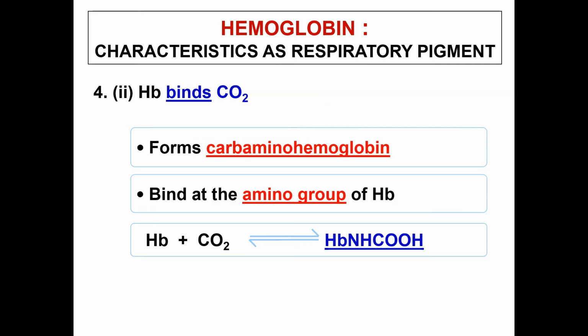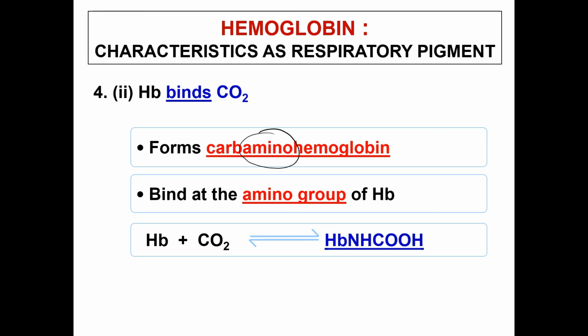The fourth characteristic is hemoglobin able to bind with carbon dioxide. Okay, kalau oksigen bind kepada hemoglobin, dia bentuk oksihemoglobin. Kalau carbon dioxide dia tak jadi karboksihemoglobin, dia jadi karbaminohemoglobin. Kenapa?